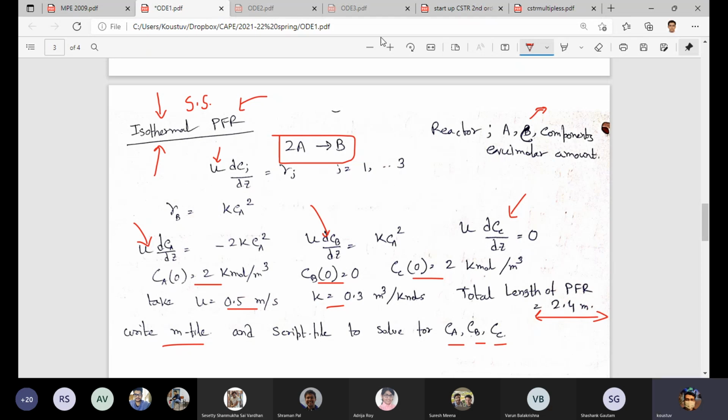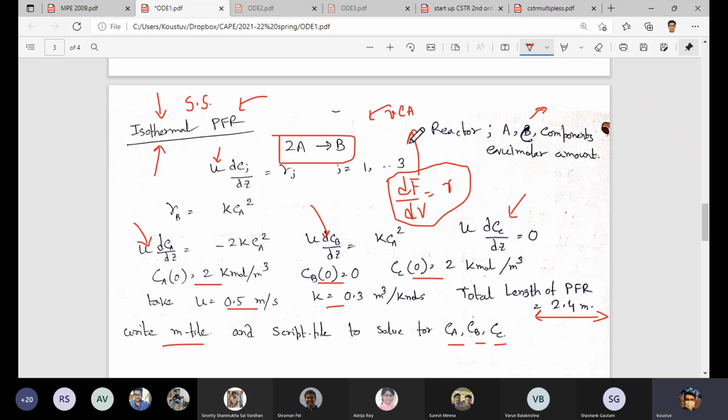So accordingly you have to start it as exactly dF/dV in that formation. Because when we describe F as the molar flow rate, we consider V into Ca, and then we take out the volumetric flow rate.